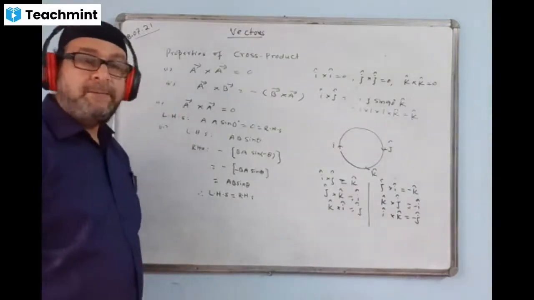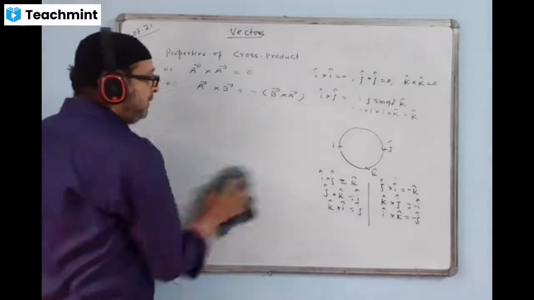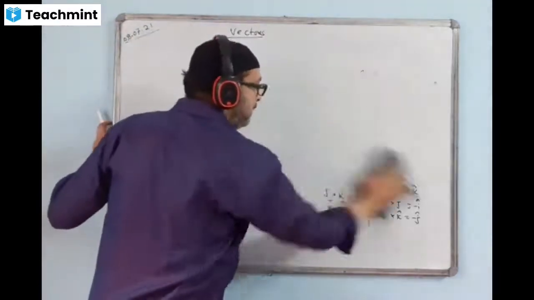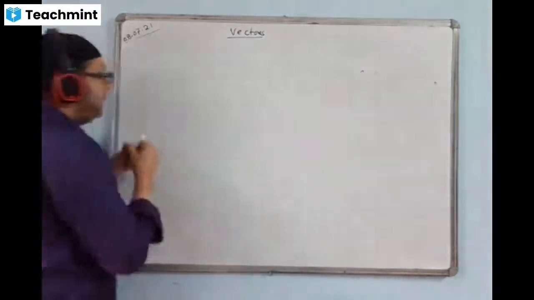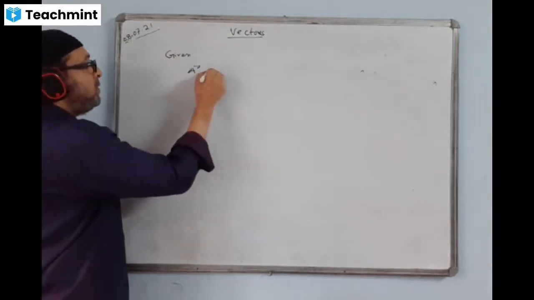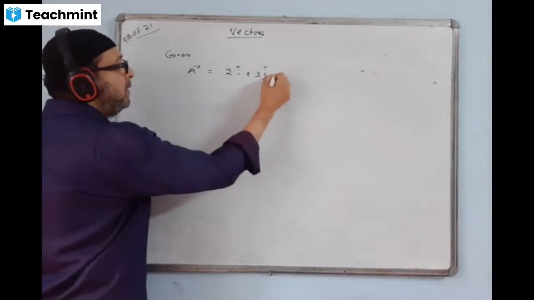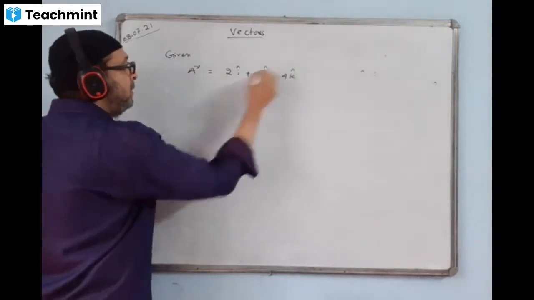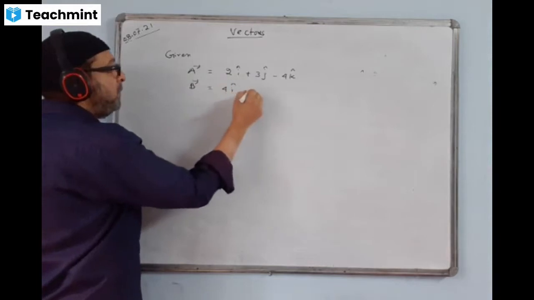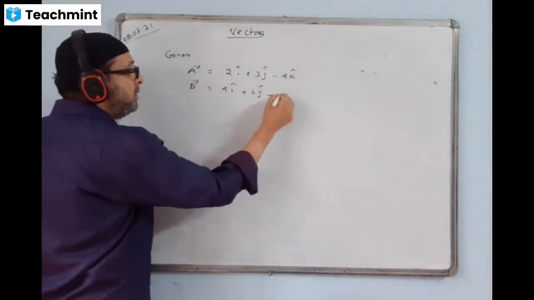Write down, given A equal to 2i plus 3j minus 4k, and B equal to 4i plus 2j plus k.